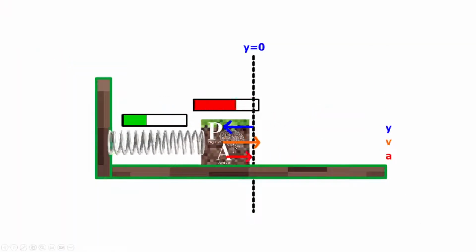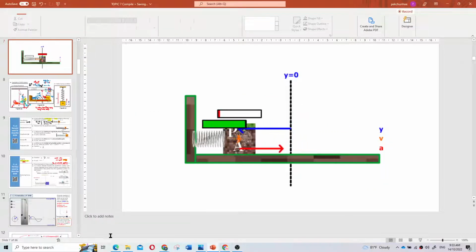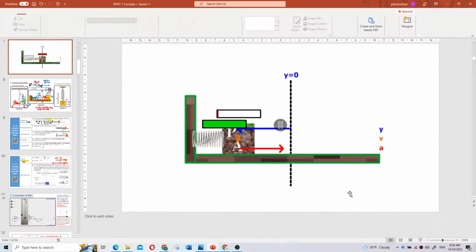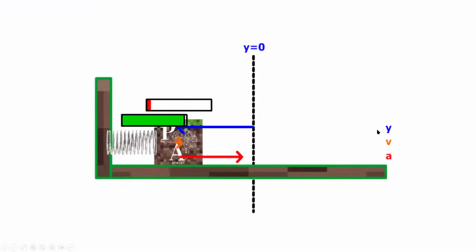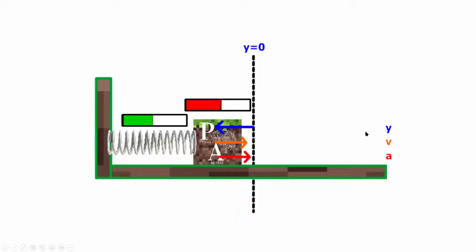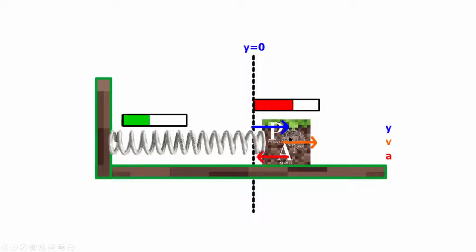I want you to understand this: acceleration proportional to displacement. That means when displacement is zero, acceleration is zero. When displacement increases, acceleration increases. So is that true? Look at this animation. The blue arrow is the displacement.